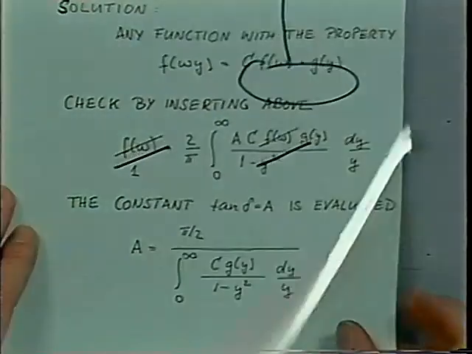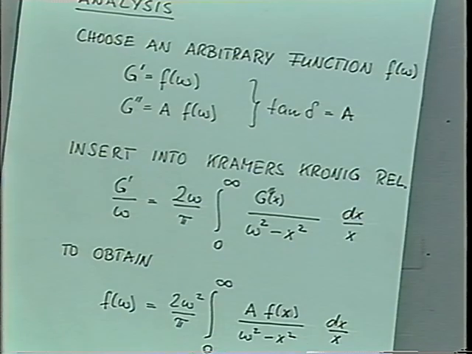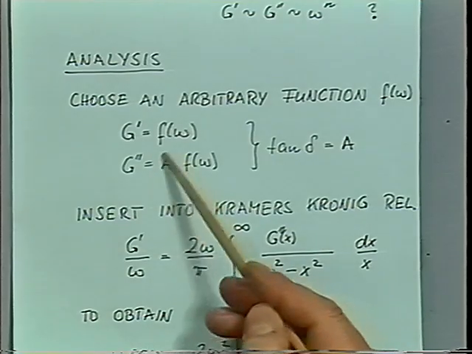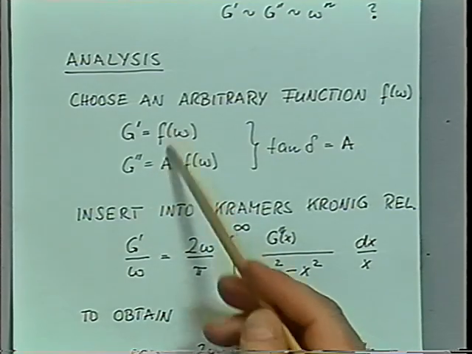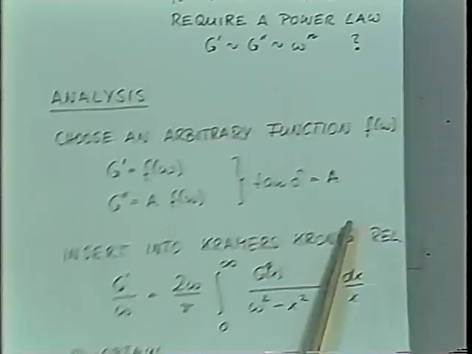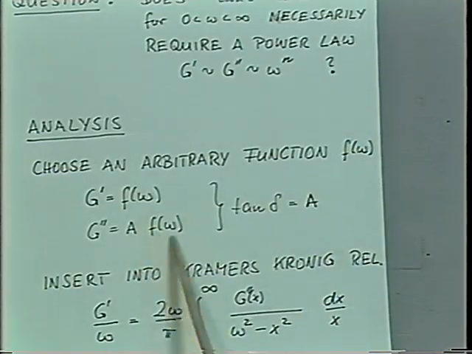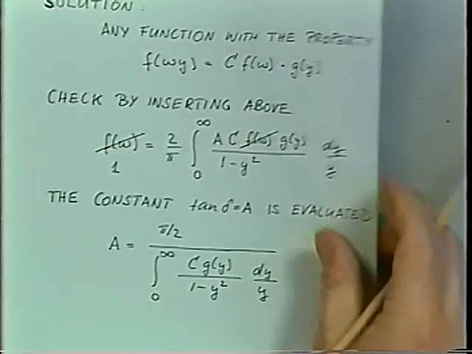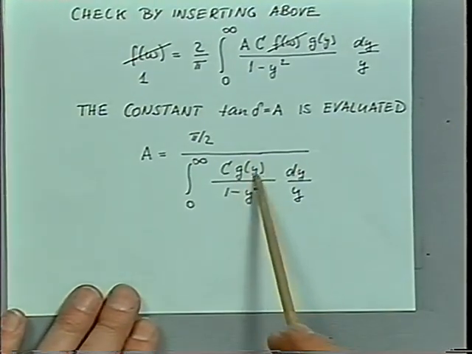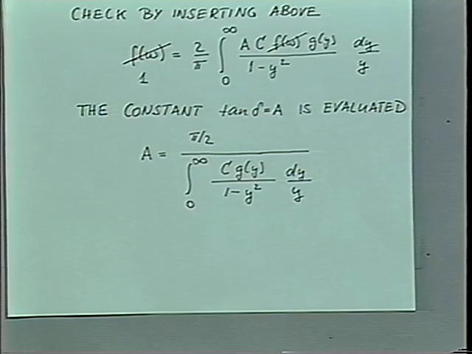So we realize, now going back to our initial function, that a cannot be anything arbitrary. It's somehow prescribed by the relation of the two things, and it really, a depends on the choice of f of omega, basically. Because for evaluating a, we will not use f of omega, but we will choose g of y, which depends on our initial function.